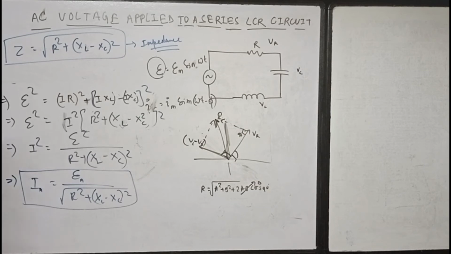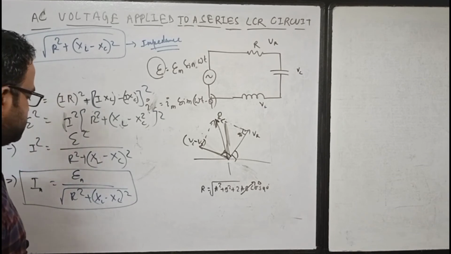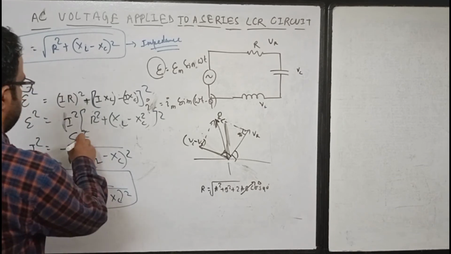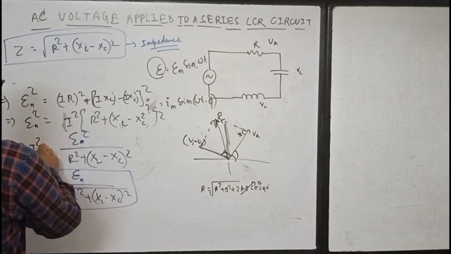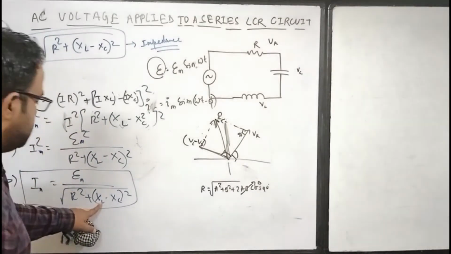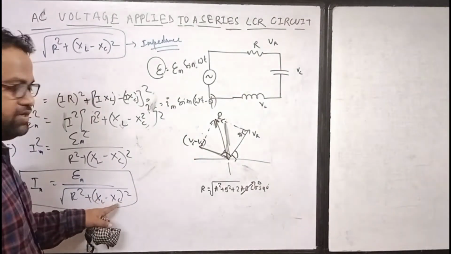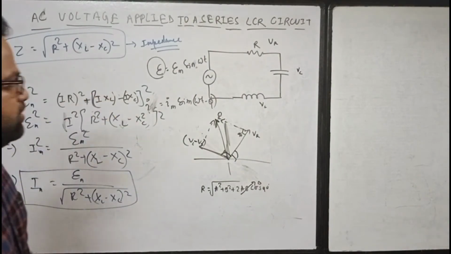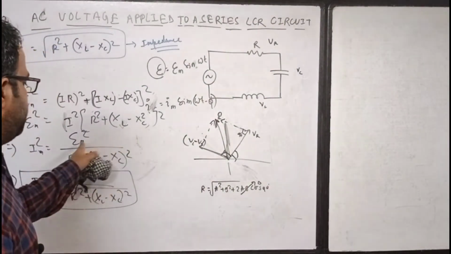So your amplitude Im is equal to Em upon the square root of R square plus XL minus XC whole square. The other term is the oscillating part, and this is the magnitude part, so you take the magnitude.